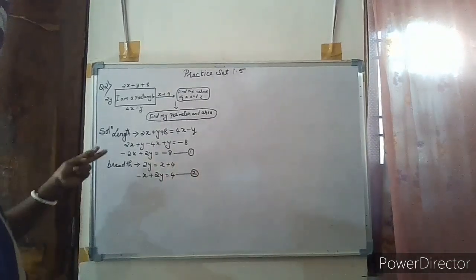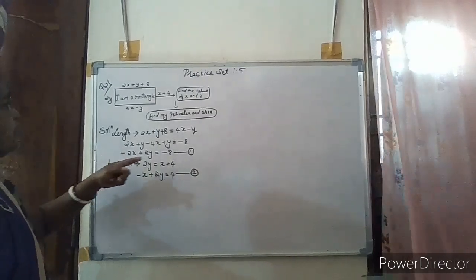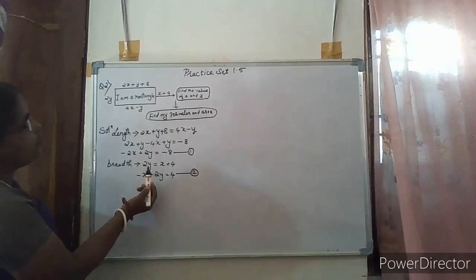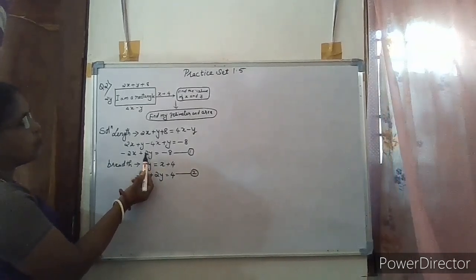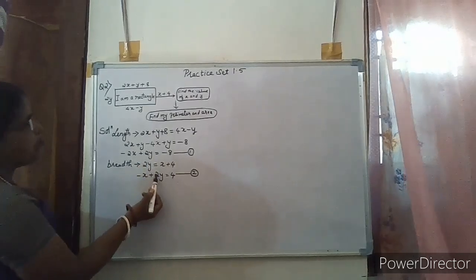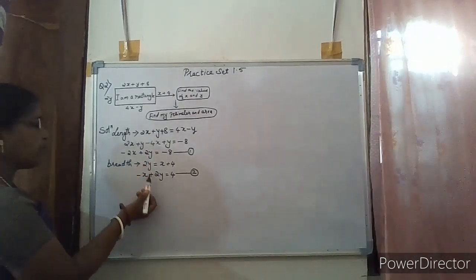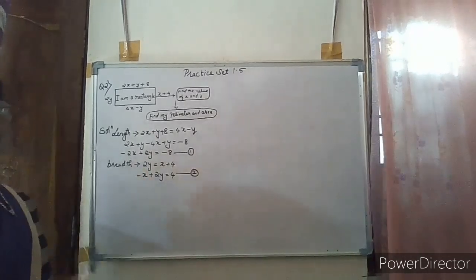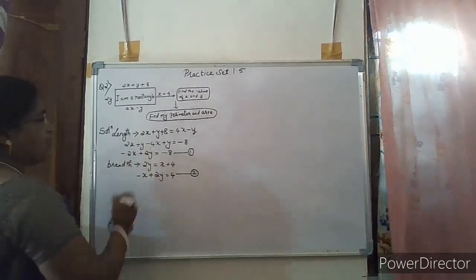Now you can see in equation 1 and equation 2, the coefficient of y is 2, and here also y is 2, with the same sign. When they have the same sign, we have to subtract the equations.